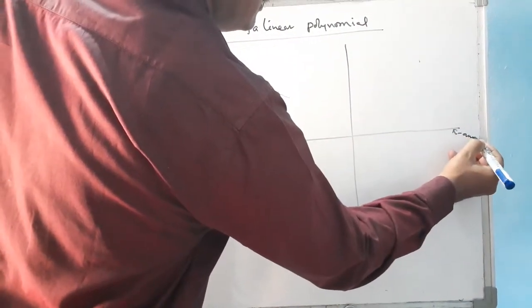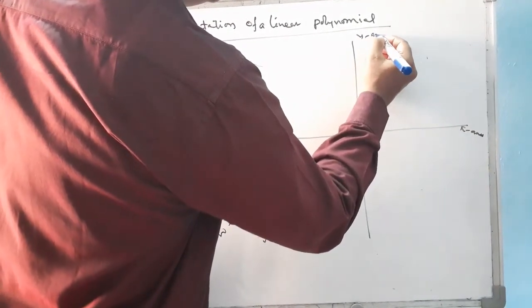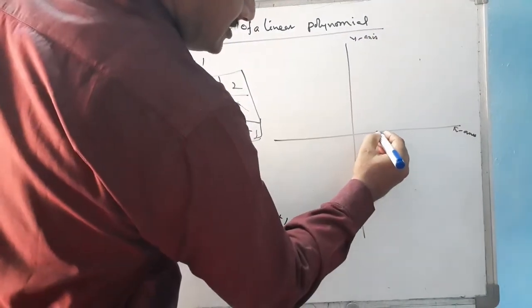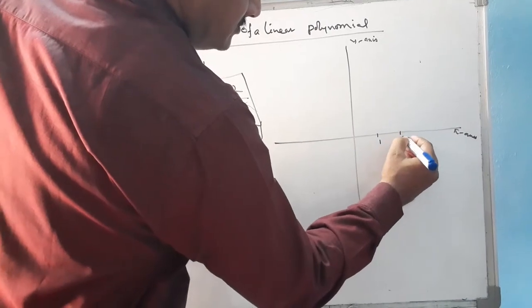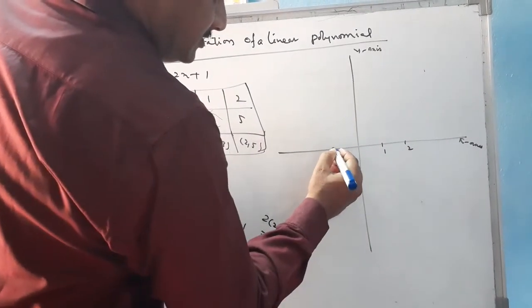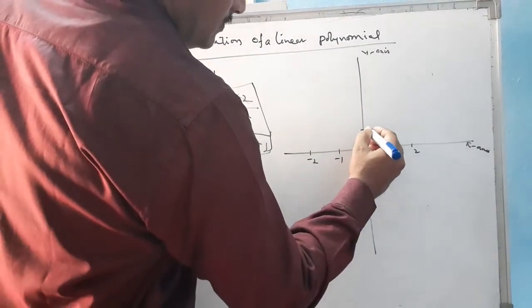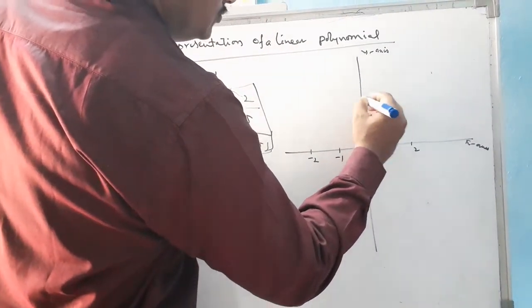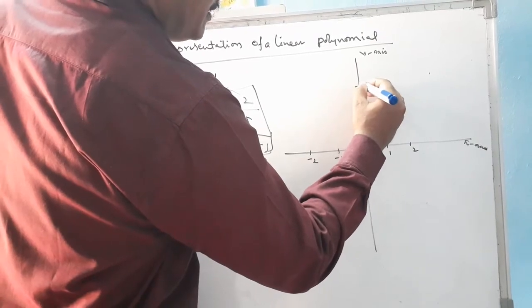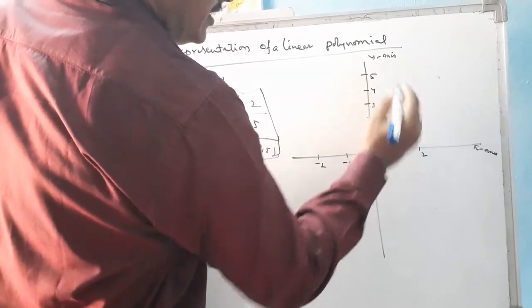Here it is the x-axis, and this is the y-axis. So here it is 1, 2. Here it is minus 1, minus 2. So here 1, 2, 3, 4, 5.